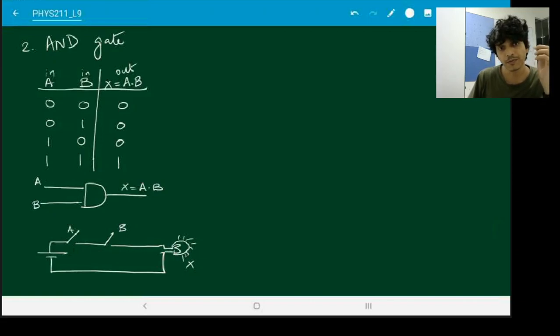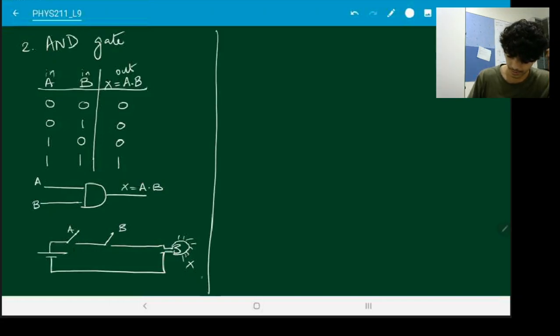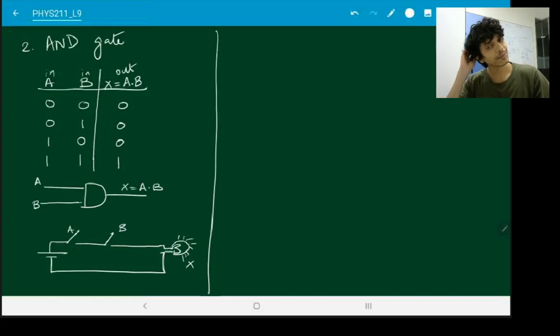If either of them is 0, then the circuit is not closed and the bulb does not light. So this is an AND gate. You are probably starting to see similarities with the true and false kind of logic that you may have studied in the 11th and 12th.